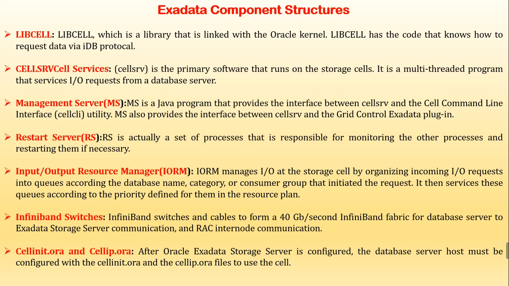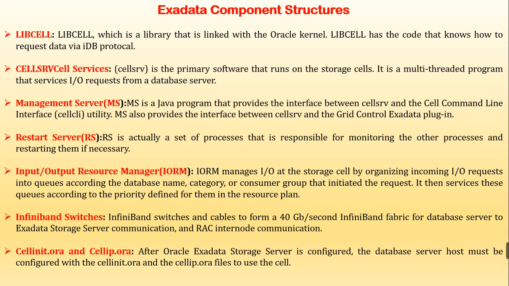And InfiniBand switches and cables form a 40 GB per second InfiniBand fabric for database server to Exadata storage server communication and rack internode communication. Then cellinit.ora and cellip.ora. After the Oracle Exadata storage server is configured, the database server host must be configured with the cellinit.ora and the cellip.ora files to use the cells.